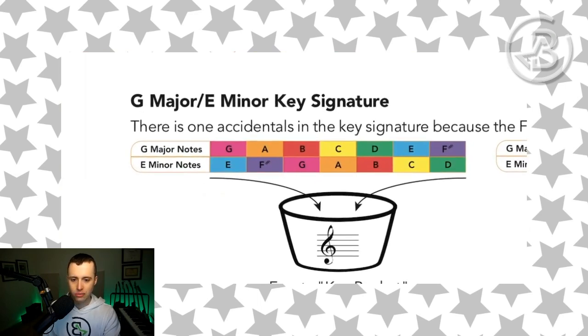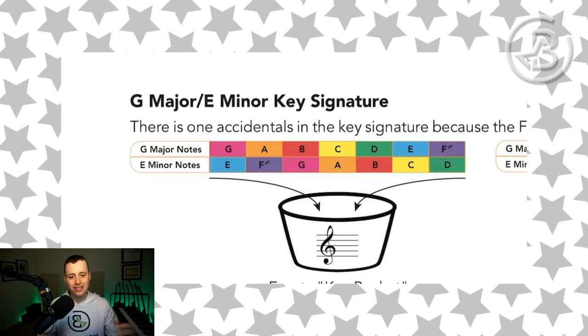Let's look at the connection between G major and E natural minor. Now we can see, just like we saw a couple of lessons ago, that the G major scale and the E natural minor scale have exactly the same notes. They both have a G, A, B, C, D, E, and an F sharp, just in different orders.